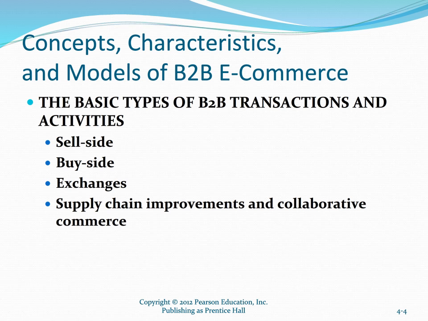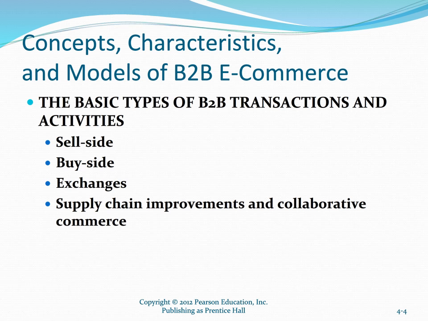In general, there are four different types of B2B transactions, and these are distinguished based on the number of sellers, the number of buyers, and the form of participation of the different participants. There's the sell side, which describes a situation where we might have one seller and many buyers. There's the buy side, which is illustrated by one buyer and many sellers.